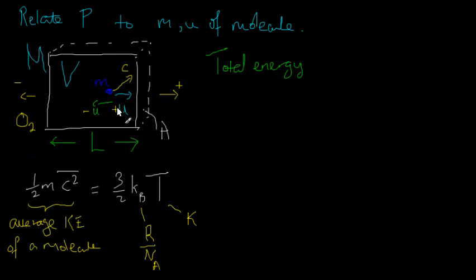In this case, the idea of the total energy is simply about adding up the kinetic energy of all the molecules. The total energy is the total kinetic energy, because as far as we can see from this ideal gas picture, there are no other types of energy.